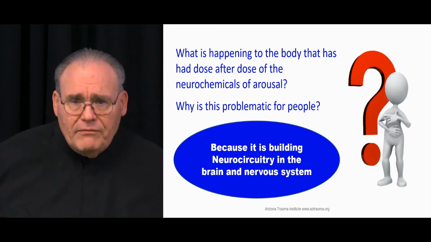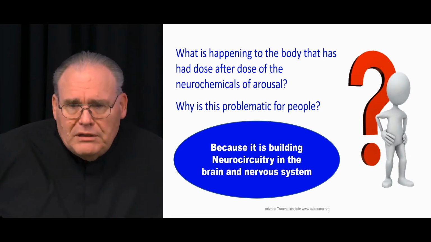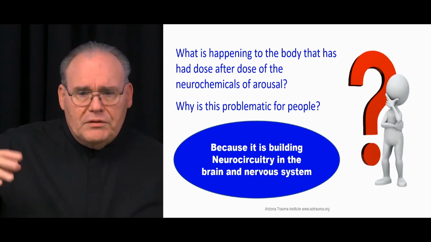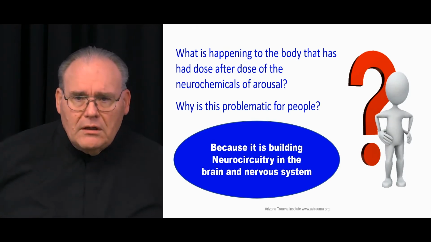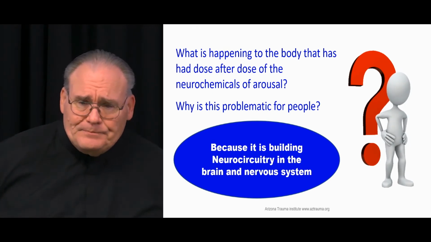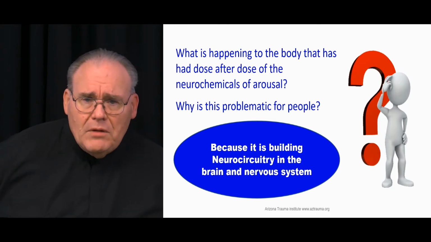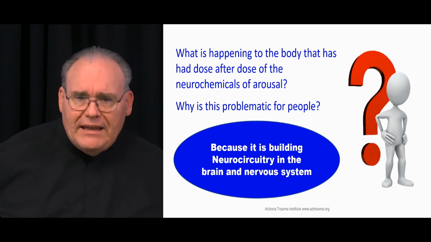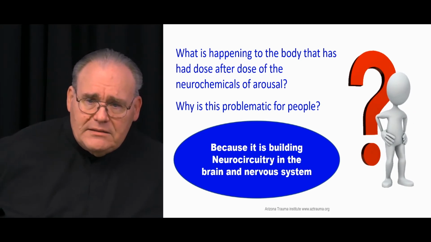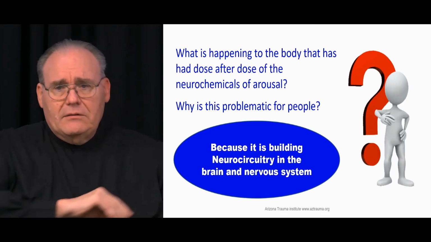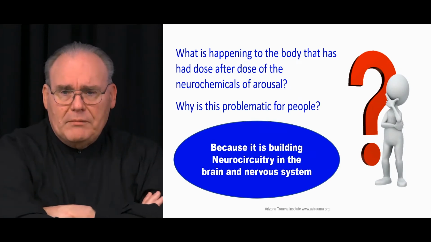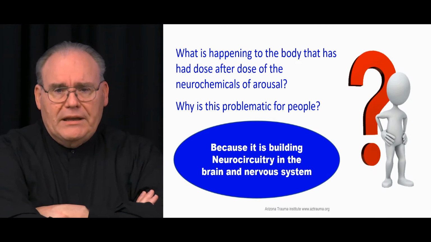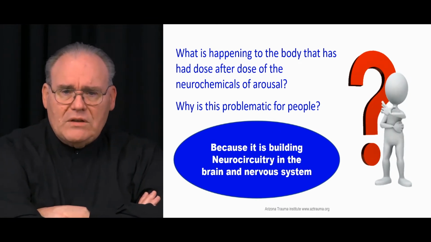If I figure, and I'm just going to play with this a little bit, if I am only within my range of tolerance for an hour or two a day, then most of my neurocircuitry is built outside of that. And those autopilots that I engage in are going to be kind of problematic for other people, problematic for me as well, but they're built outside of the range of tolerance.